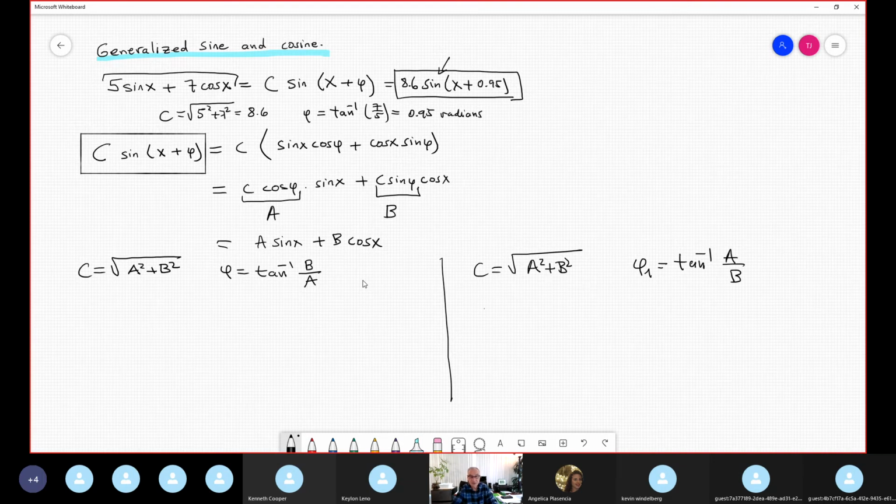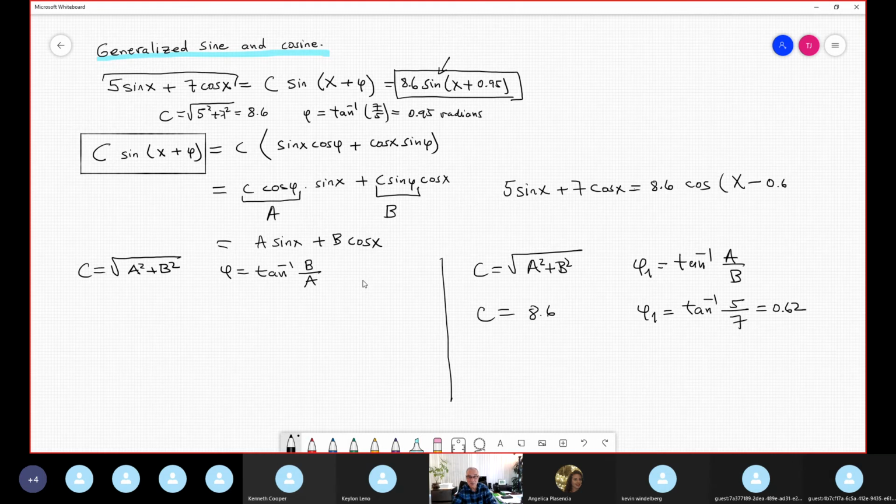So now c is the same, 8.6. Phi 1 is tangent inverse of 5 over 7, okay, 0.62. So you write one more time, 5 sine x plus 7 cosine x is equal to 8.6 generalized cosine(x minus 0.62).